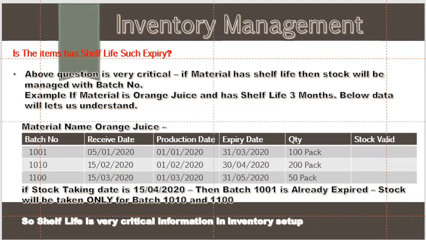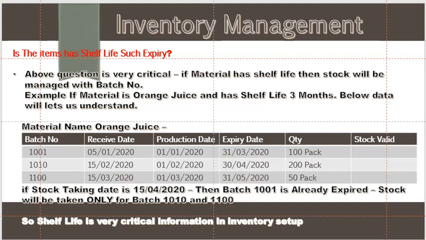So in the example I'm giving, I have received 3 batches of orange juice with different dates and expiries, 3 months. So if the stock taking date is 15-4-2020, then batch 1001 is already expired.